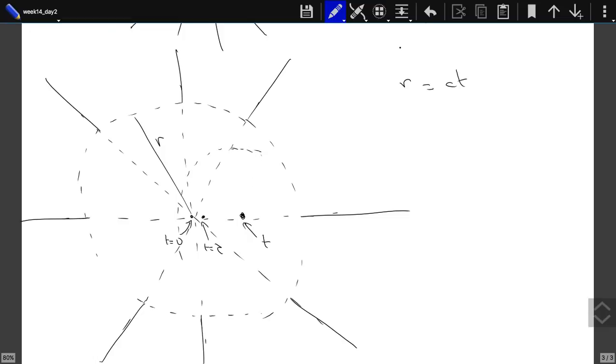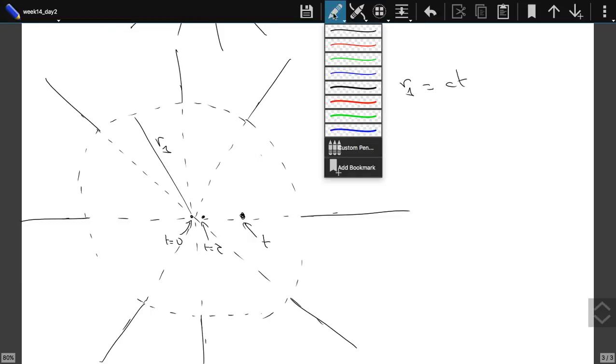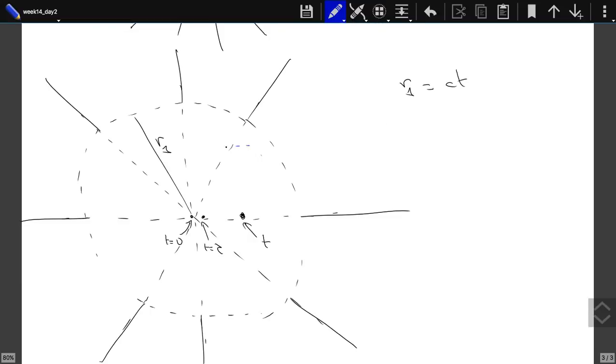So let me imagine such a sphere. This is R1. This radius is R2, and R2 is c times (t minus tau).